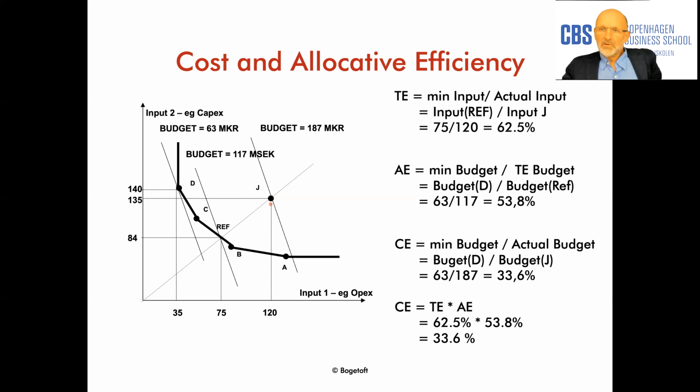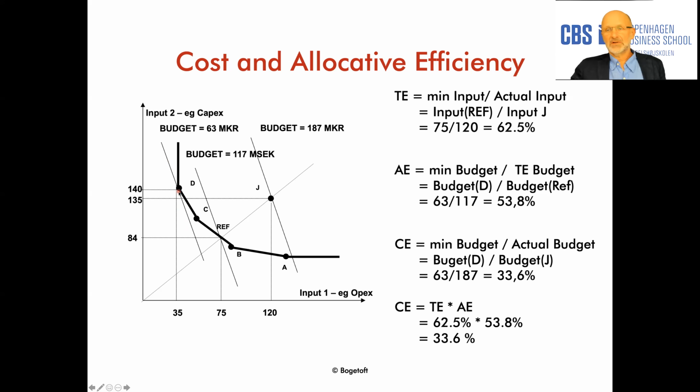Okay. But looking at it and assuming that we do have prices, and this is a price plan or a budget plan here. So what you see here is that it is relatively steeply sloped. So it means that you have to give up little of this one to get a lot of this one.